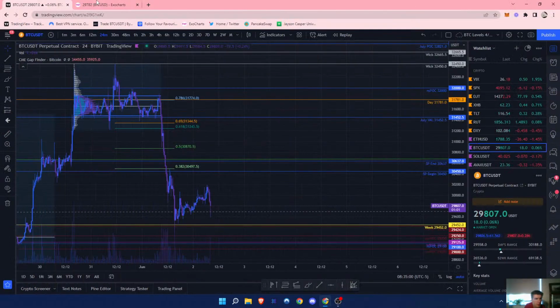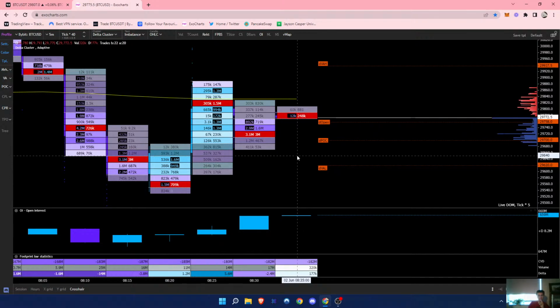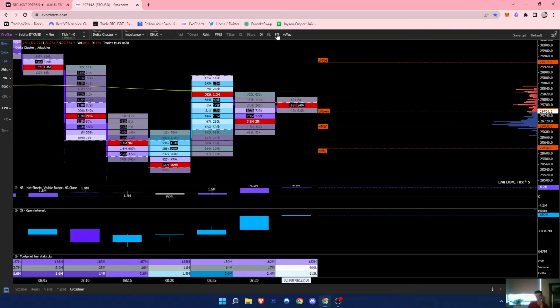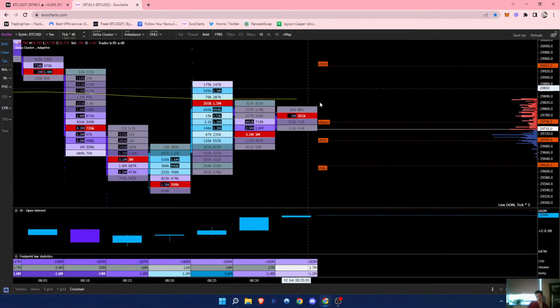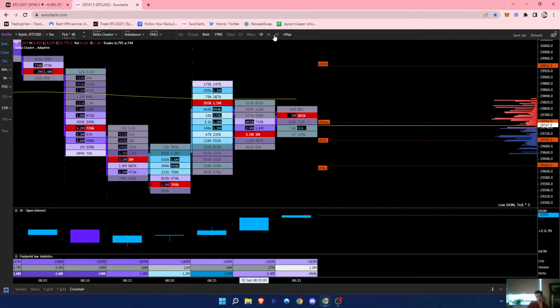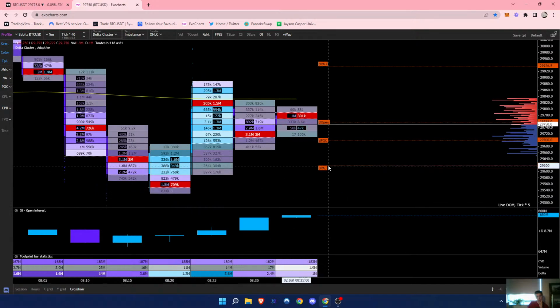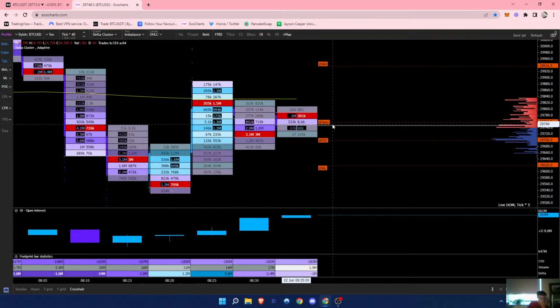But yeah, right now, more shorts are coming in. Longs aren't really closing. Right now, we're just hovering around the daily open.